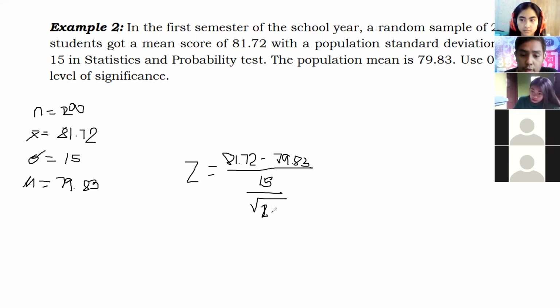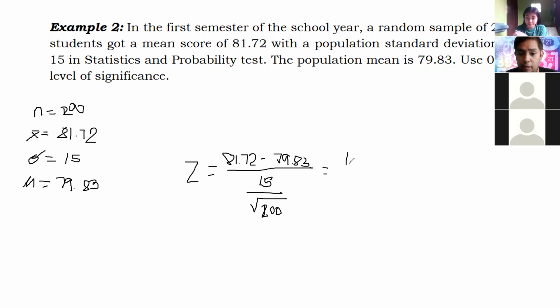So this is square root of 200. Okay? So unahin muna natin yung pinaka-basic natin, which is yung taas natin. Minus lang pala tayo. 81.72 minus 79.83. So that's 1.89.